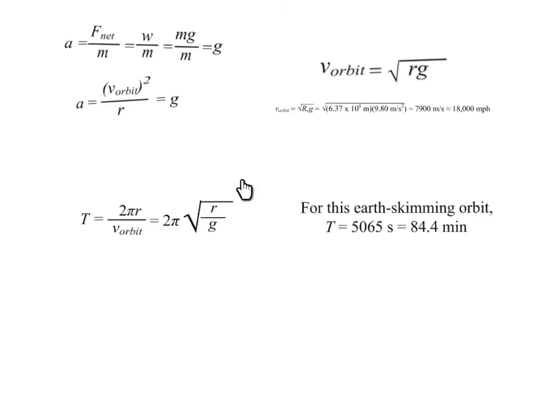If we were to apply that radius then to this, we'd end up with a period of about 87 minutes. And when we did have space shuttles, they would orbit at an altitude of about 200 miles in about 91 minutes. So that's a pretty decent calculation there. It's not great, it's not perfect, but it's pretty good.